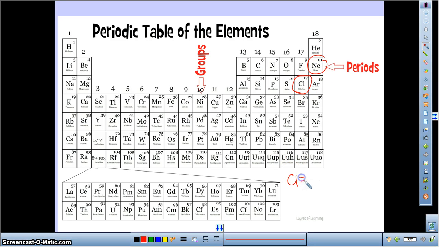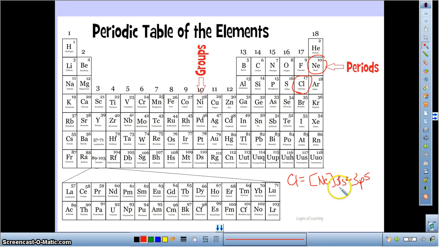So chlorine will be written as neon, and then everything after neon until you get to chlorine will be longhand. So neon, 3s2, 3p, 1, 2, 3, 4, 5. Sorry, it's 3s2, 3p5. And that would be the noble gas configuration for chlorine.